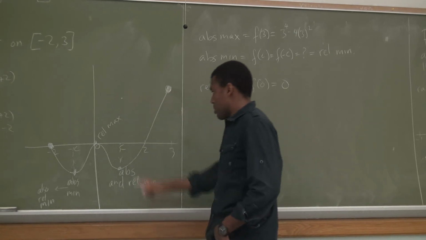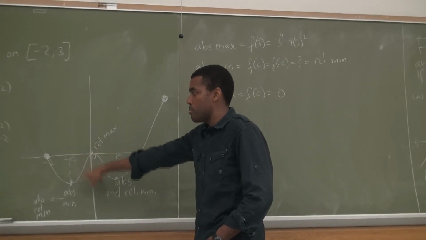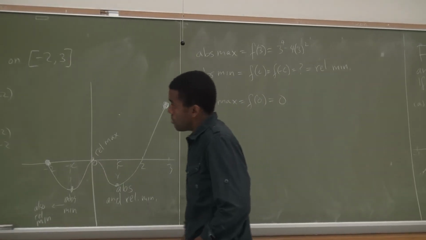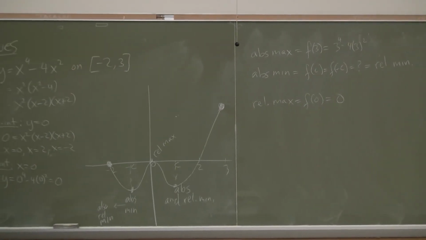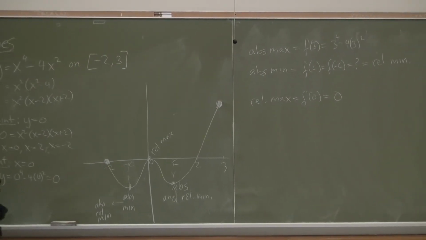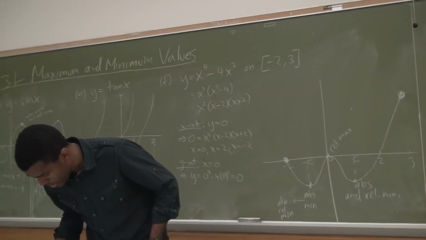Now, a lot of times it's going to be very important for us to be able to find what these points are that give us these maximums and minimums. In pre-calc, we don't really know how to find them in general, but we are going to learn how to find them in general using derivatives. That's a couple sections away.